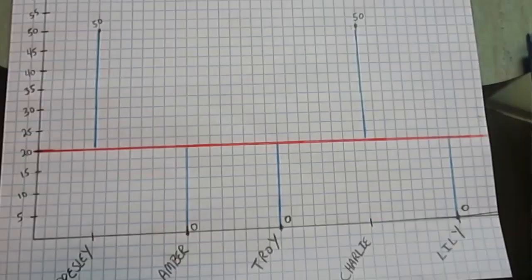The mean is still 20, the red line represents it again, but you can see how far away these are from the mean. So you can't say we all have around 20 because we don't. Even though we calculate the mean and the mean is the same on both of these, this one tells you a lot about the numbers, while this one tells you pretty much nothing about them.